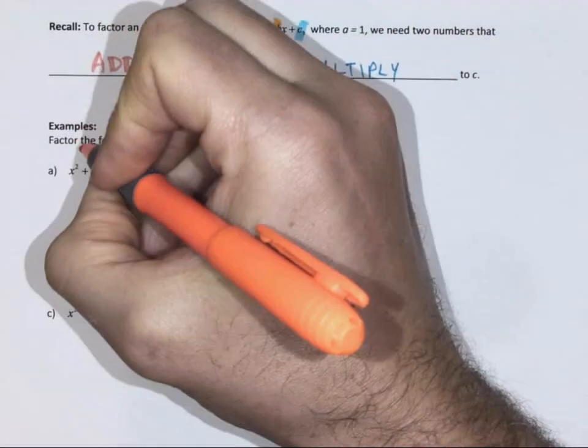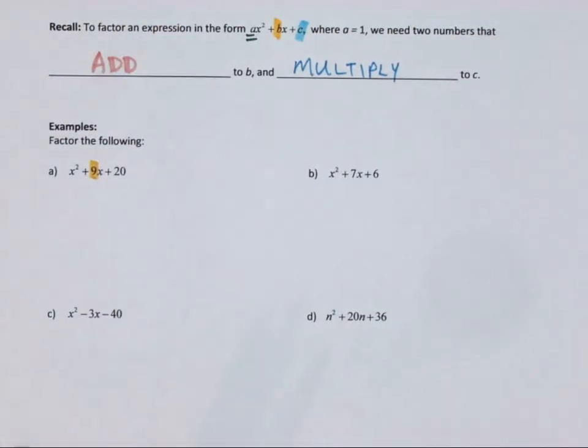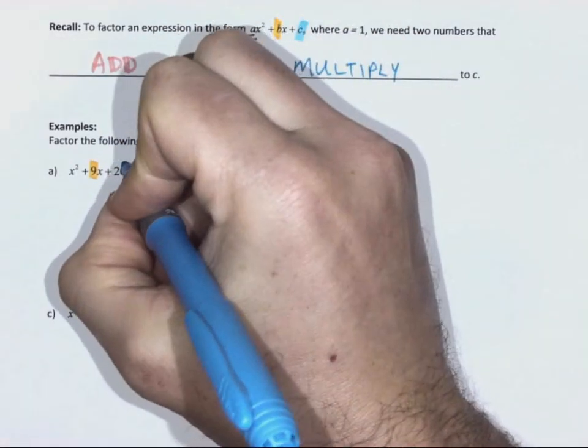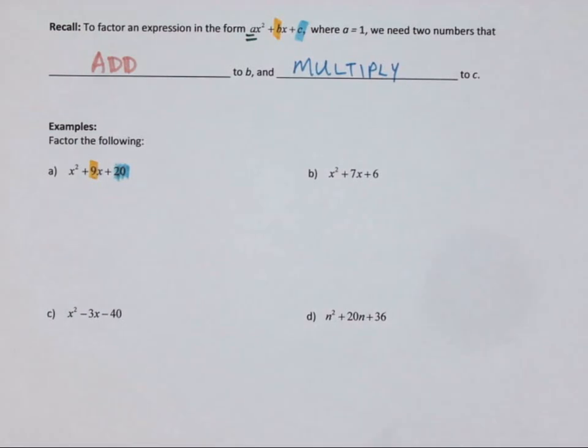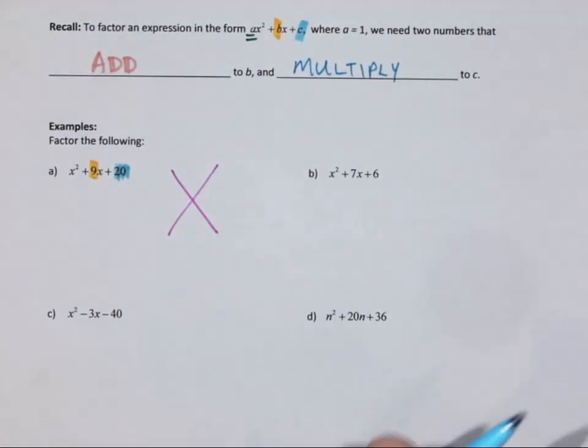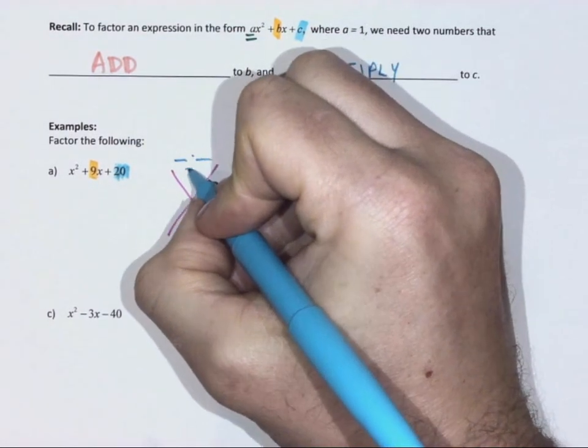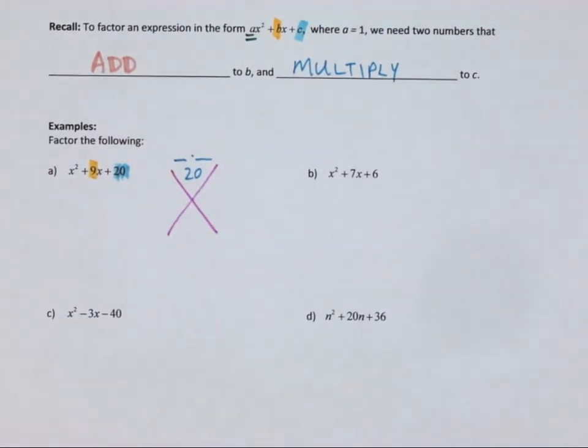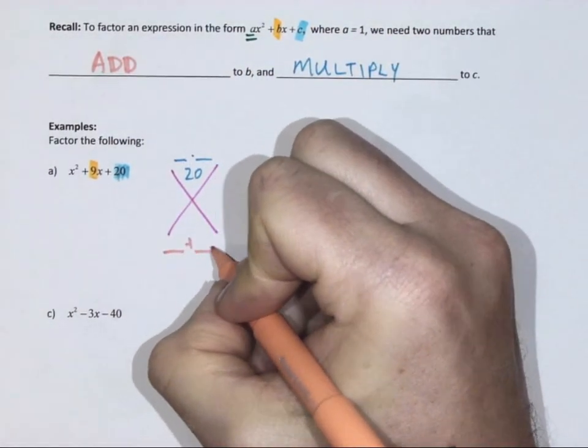So keeping that in mind, to bring it back from right before we left, we need two numbers that are going to multiply to 20 and add to 9.